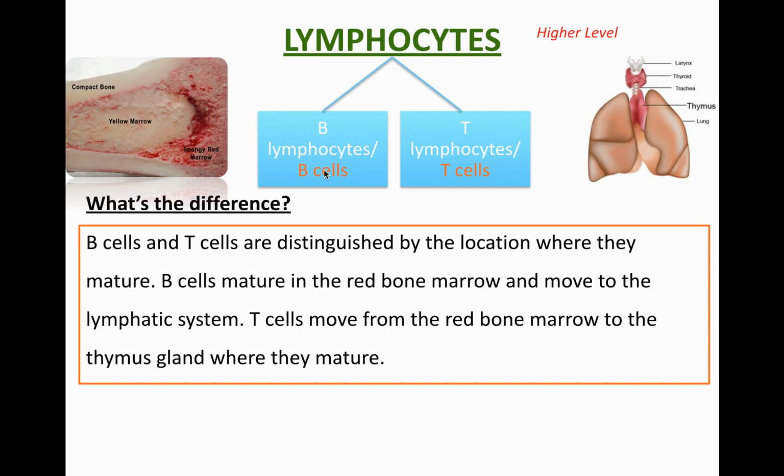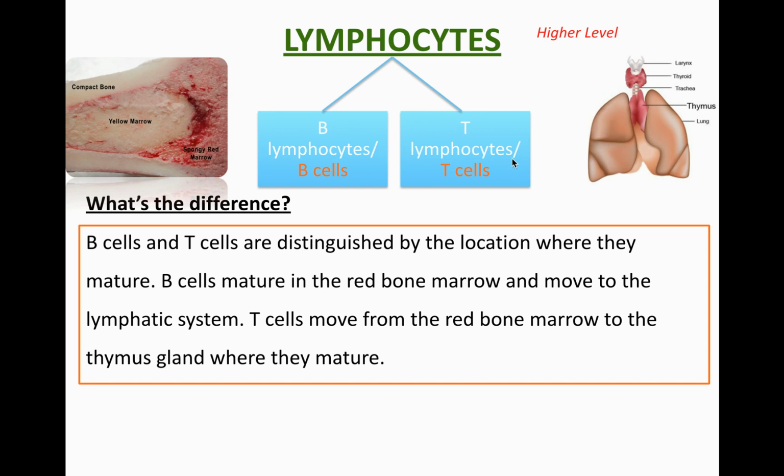Now, structurally, they're just a little bit different, and also their functions are a little bit different. The B lymphocytes are called B lymphocytes because they mature inside the bone marrow as well. Okay, so they're born and they are maturing here. When we say maturing, we really mean that they spend maybe several weeks inside this bone marrow before they're ready to do the business of a B lymphocyte.